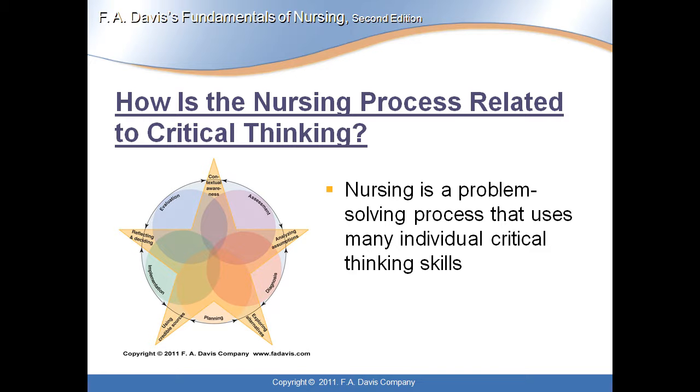How is the nursing process related to critical thinking? Nursing is a problem-solving process that uses many individual critical thinking skills. Remember, the process is cyclical. If you did not achieve one phase of the nursing process, you need to go back and reevaluate.